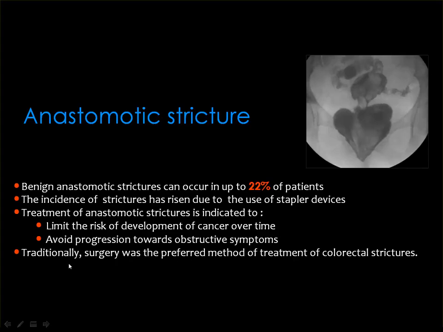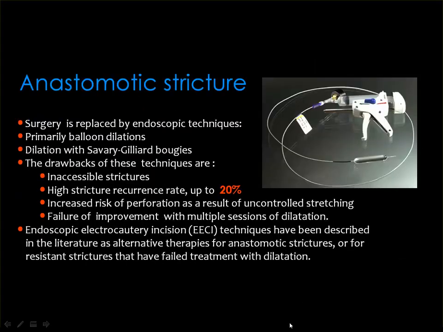This stricture was traditionally treated surgically, but now we have many alternatives. Surgical treatment has been replaced by endoscopic techniques like balloon dilatation or dilatation with bougies, which are used primarily for esophageal strictures.